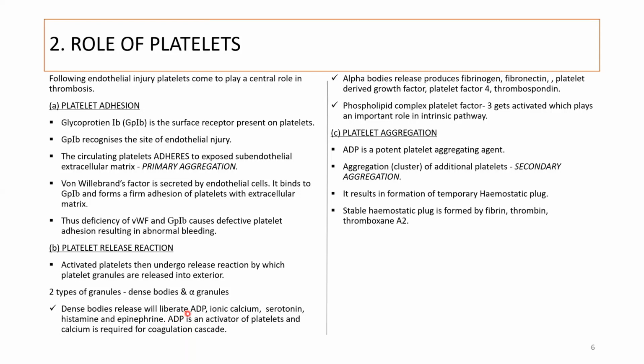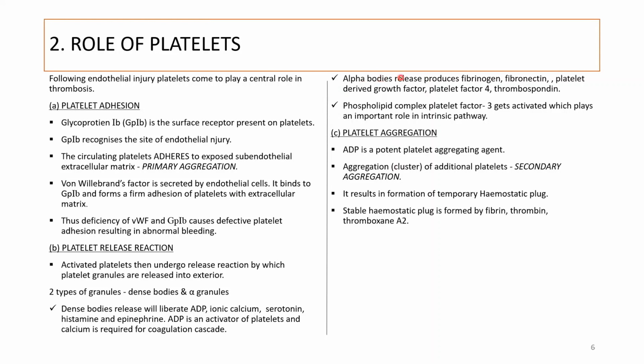ADP is an activator of platelets. And here we also have calcium. Calcium is required in the clotting mechanism, as you all know, in the coagulation cascade. Next, after dense bodies, we have alpha granules.